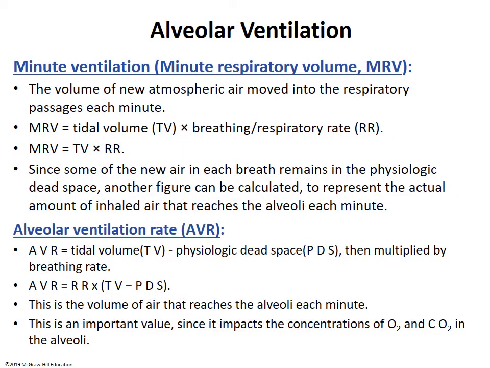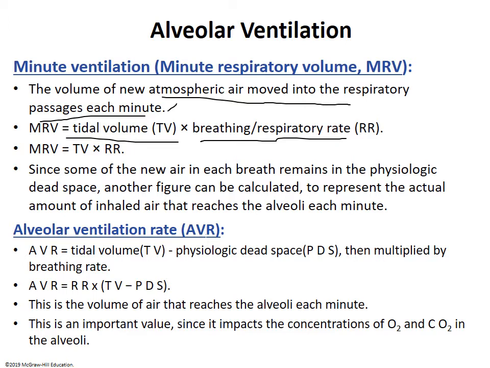When we're looking at this, we can look at how much air enters into the lungs, and we know how large of a volume stays in that anatomic dead space. When we start looking at how much air actually gets into the area of respiration, we can figure out the volume of that air. The volume of new atmospheric air moved into the respiratory passages each minute is the tidal volume times the respiration rate.